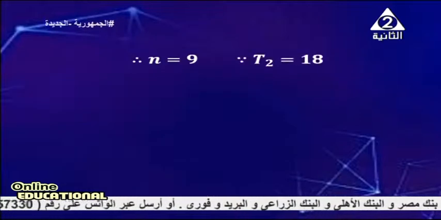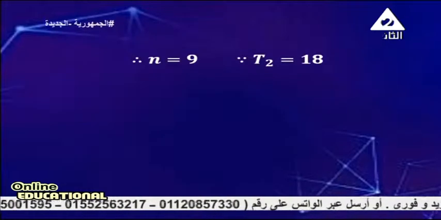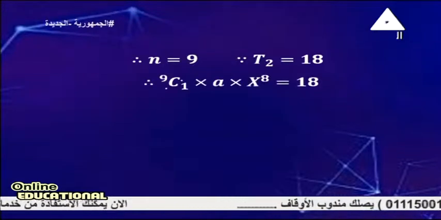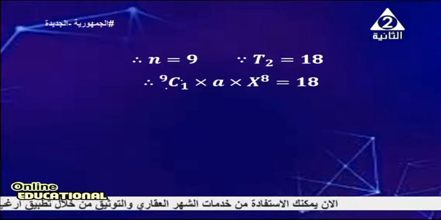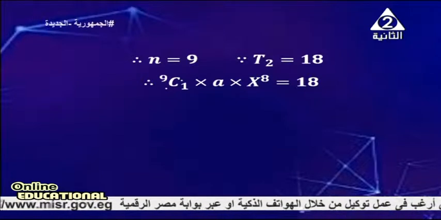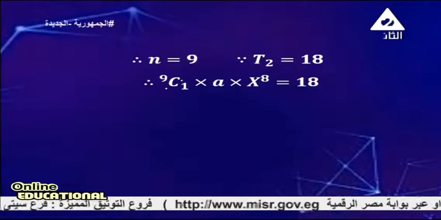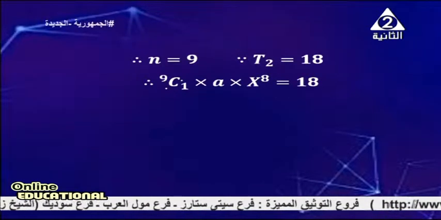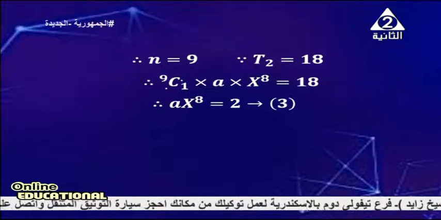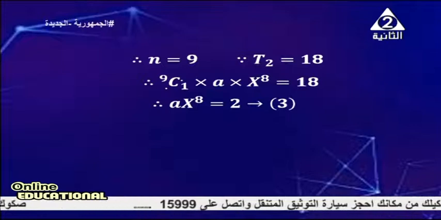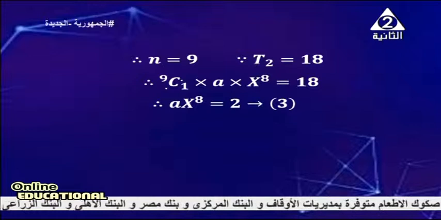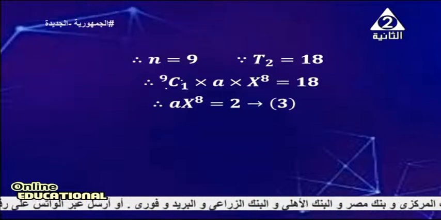After that, T2 by substitution with n equals 9 equals 18. Therefore, to find the value of a: 9C1 a x to the power 8 equals 18, so a x to the power 8 equals 2. Why? Because 9C1 equals 9.